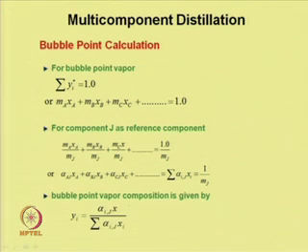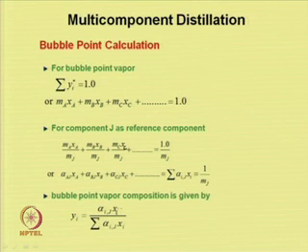Now, if we consider j as the reference component, we can write m a x a divided by m j plus m b x b divided by m j plus m c x c divided by m j and so on would be equal to 1 by m j, or we can write alpha a j x a plus alpha b j x b plus alpha c j x c and so on would be equal to summation over alpha i j x i would be equal to 1 by m j.